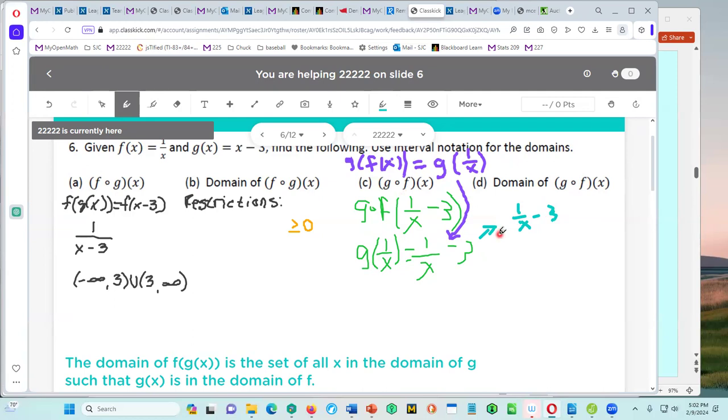Okay. So what is the domain of the inside function f? So now we're concerned about f. If I may use this notation, domain of f. Domain of the reciprocal function, 1 over x.